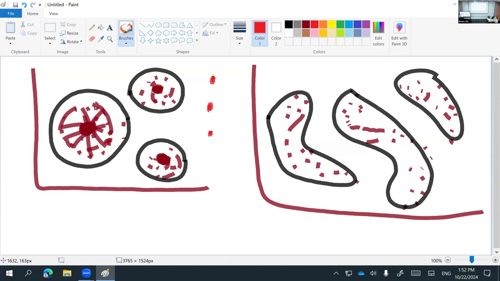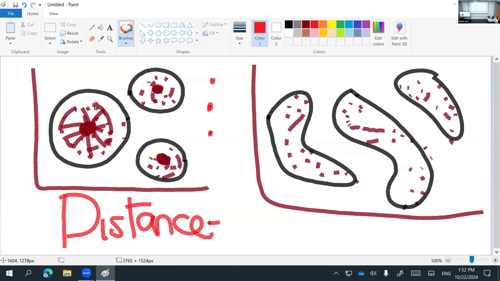I'm going to group this kind of thing as distance-based algorithms. So how do you partition the population? You partition it by introducing centroids such that the data belongs to a cluster if it's closer to this centroid than it is to the other centroids. So this is kind of like a geography problem.